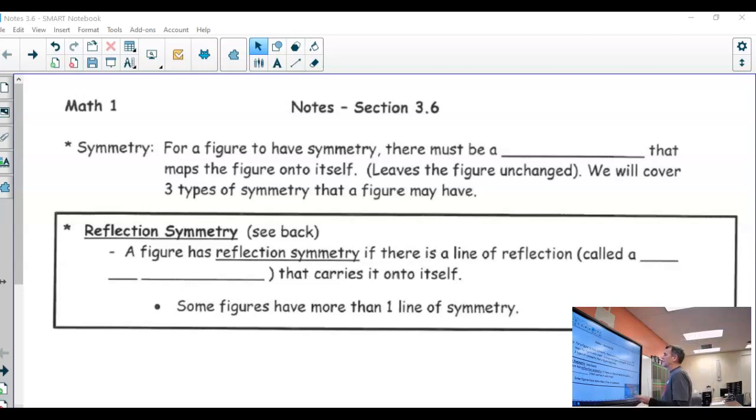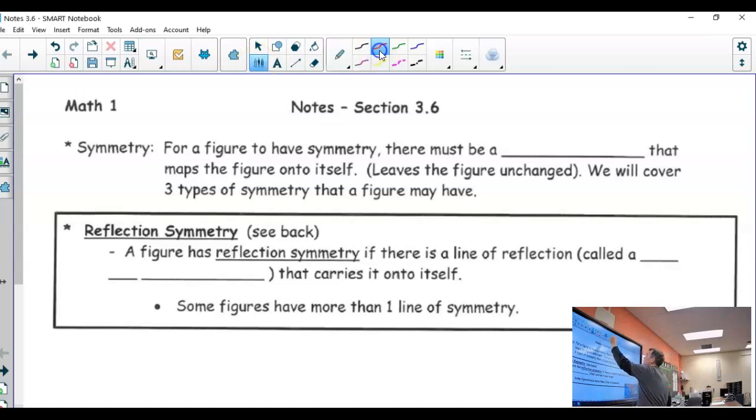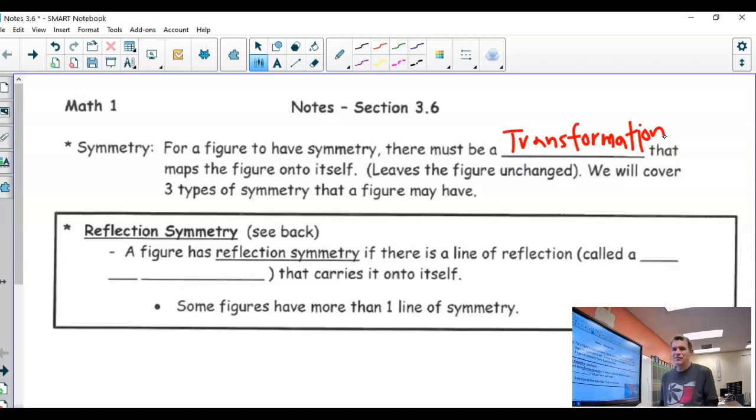For a figure to have symmetry, there must be a transformation that maps the figure onto itself, or leaves the figure unchanged.